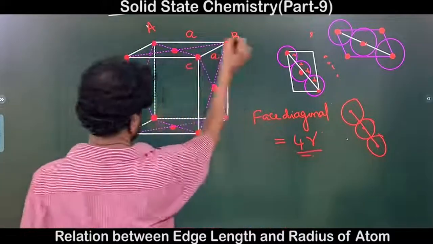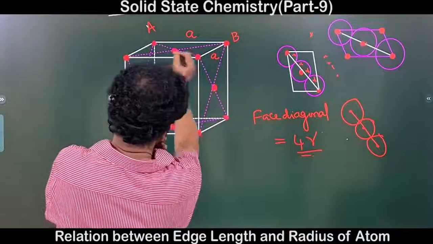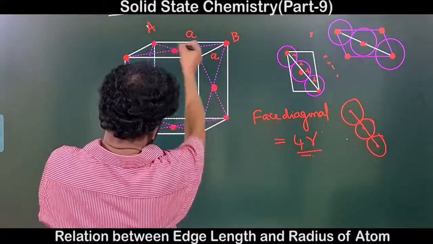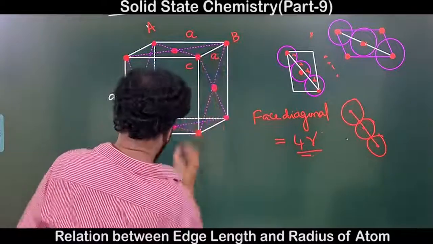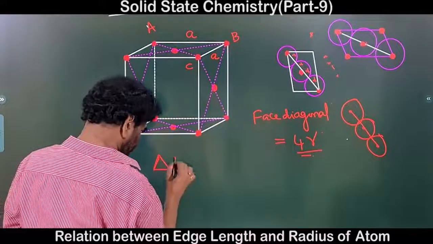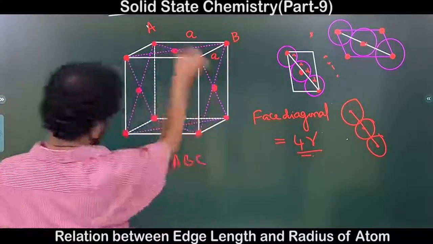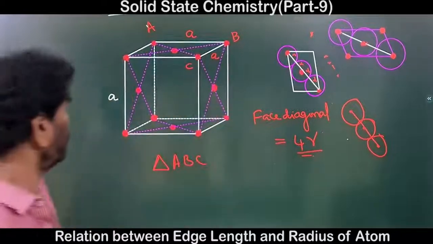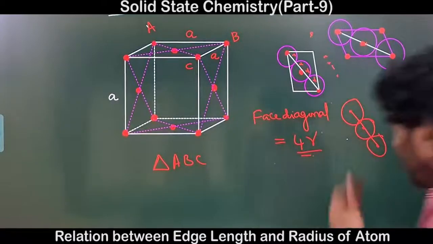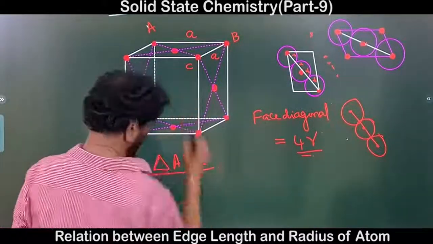If you say that this is A, this is B, this is C, now we can evaluate. This is A, this is not A, it is different. The triangle ABC is a right angle triangle.